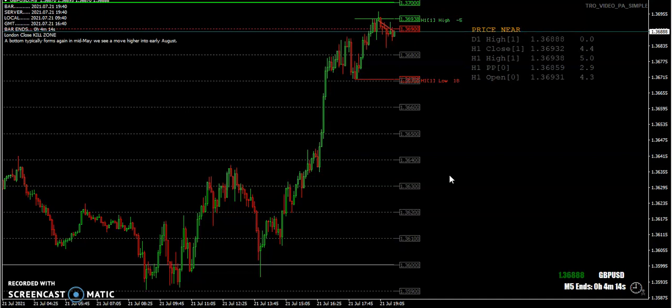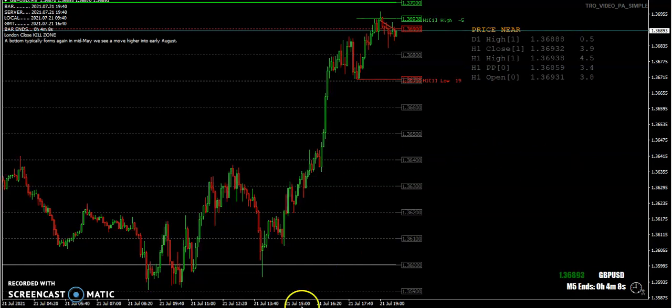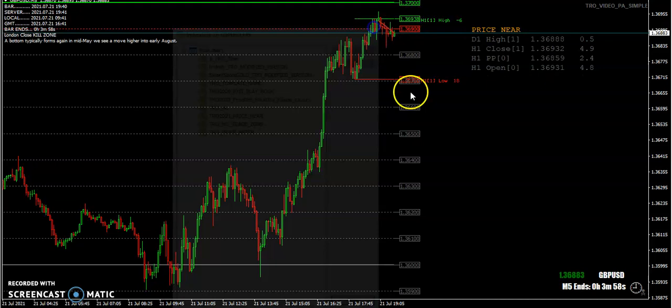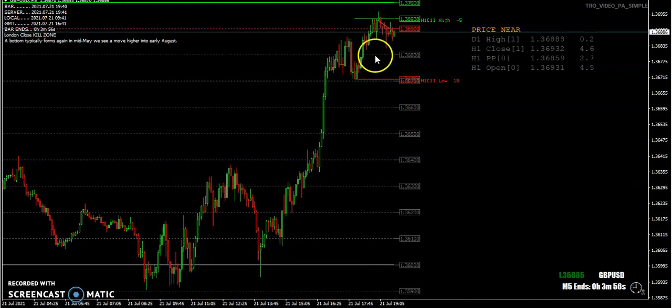Now, you could say that about any line. Well, not necessarily. It's just something I noticed. And if you go back over the charts, all you have to do is put up the Sweet Spots Gold indicator that I modified, and it'll plot these horizontal lines.